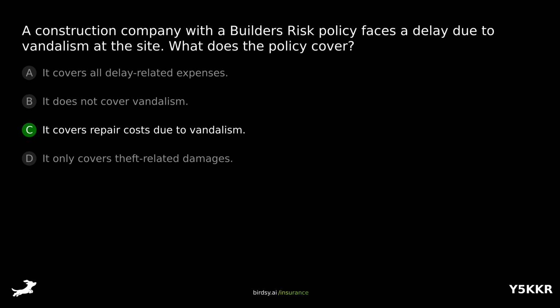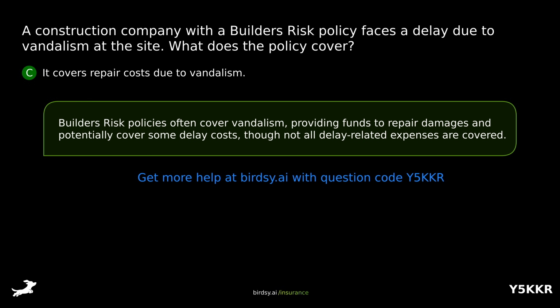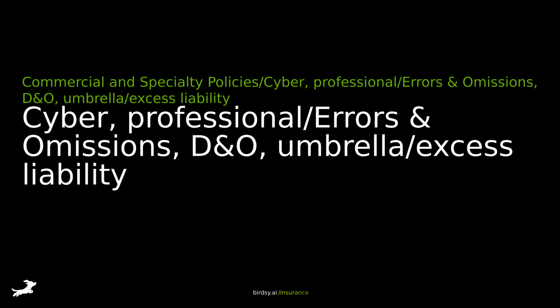The answer is C, it covers repair costs due to vandalism. Builders' risk policies often cover vandalism, providing funds to repair damages and potentially cover some delay costs, though not all delay-related expenses are covered. Cyber, professional errors and omissions, D&O, umbrella excess liability.